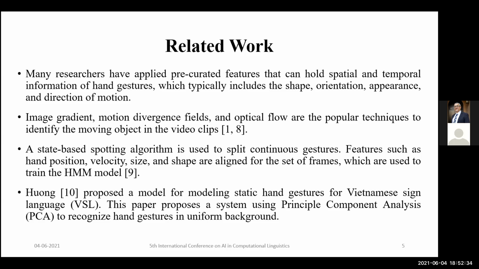All these primary and secondary features can then be given to a statistical model like HMM, hidden Markov model, or some machine learning approach can be used. There are other typical approaches also, like principal component analysis, PCA.